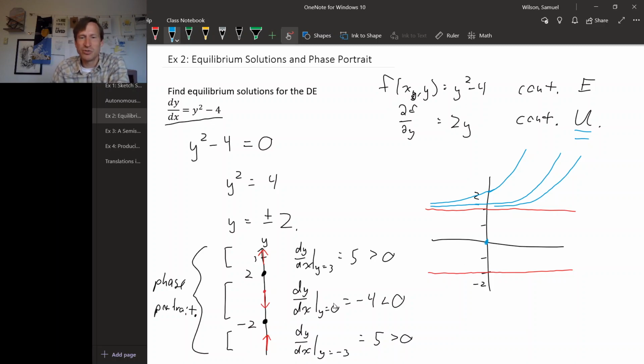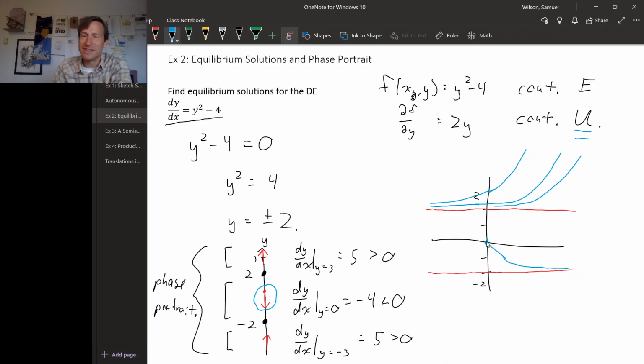Between -2 and 2, we know that solutions are going down, because that's what our phase portrait says. So our solution has to head downwards. But remember, because solutions are unique, we can't cross this equilibrium solution at -2, so our solution must level out. So it's still decreasing, but it never actually gets to this equilibrium at -2.